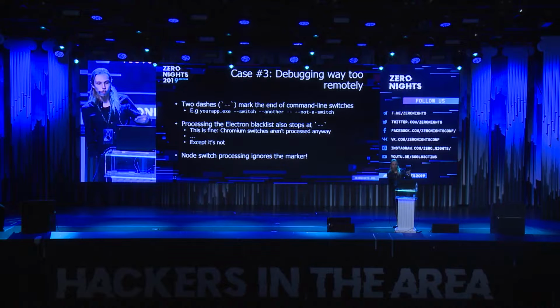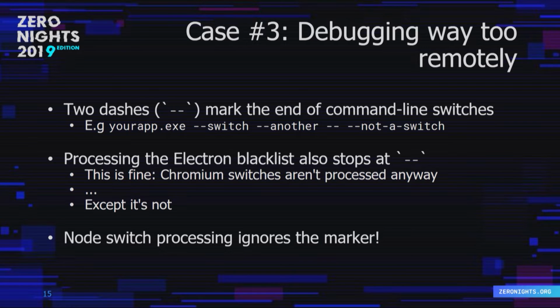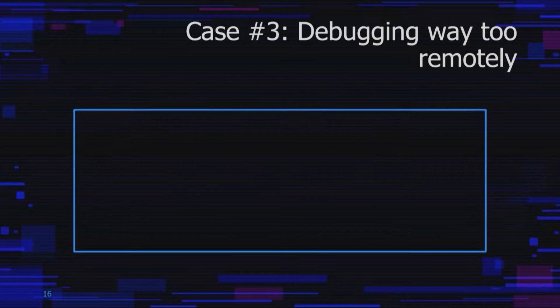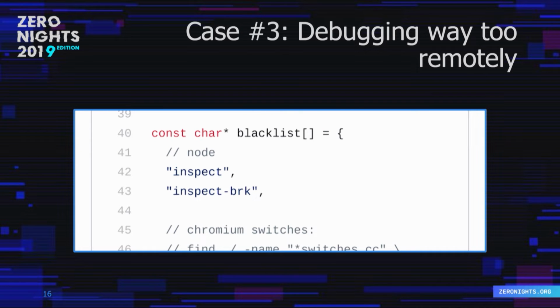The only problem was that Electron sort of supports those dashes because Chromium supports those dashes. But Electron consists of Chromium and Node.js, and Node.js didn't support those dashes. So Node.js parsing continued after the delimiter, which meant that, well, bad things happened.